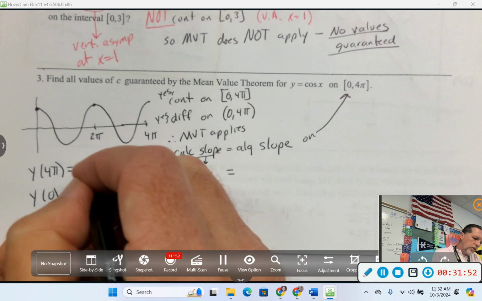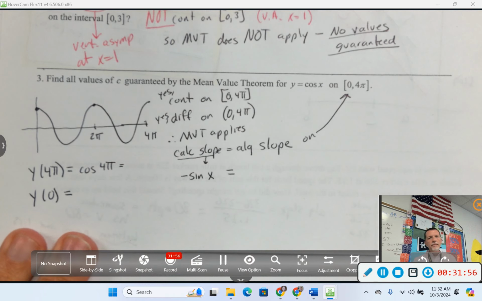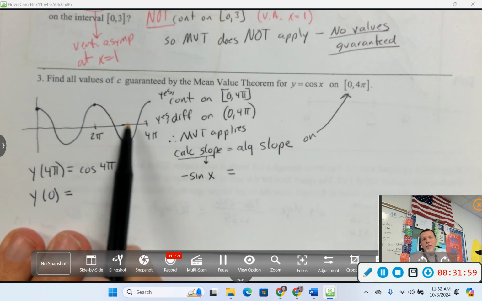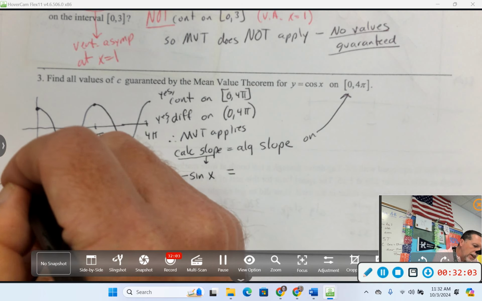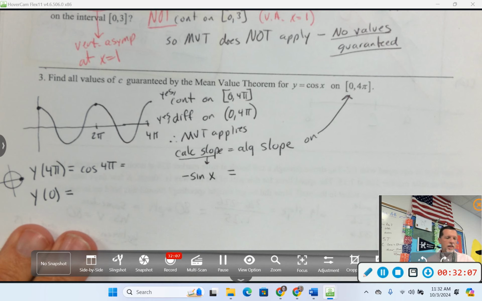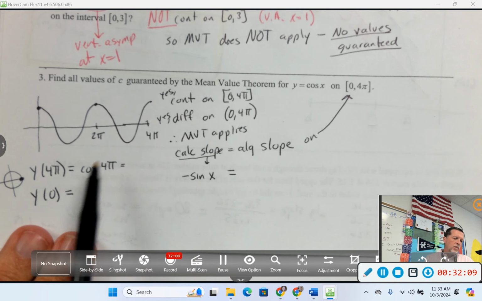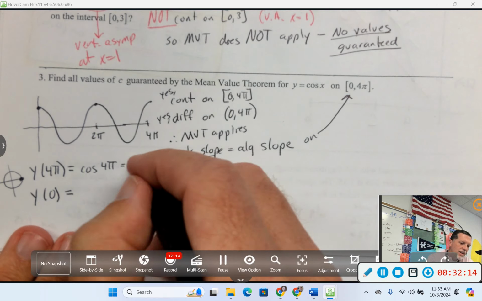So the cosine of 4 pi. I can get it from the y-x graph, but I could also get it from the unit circle if you're thinking like that. What's the cosine of 4 pi? 1.